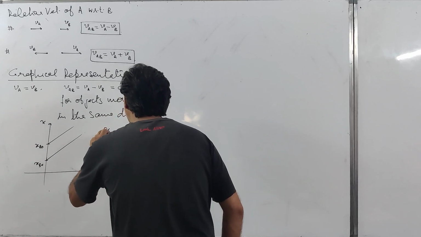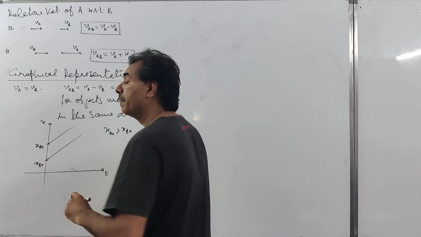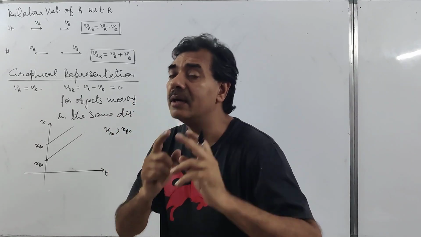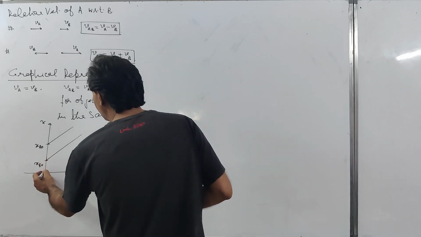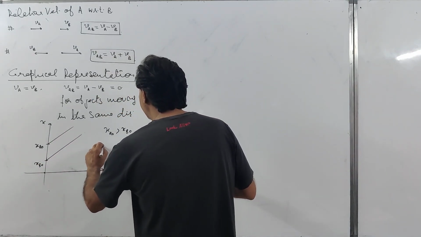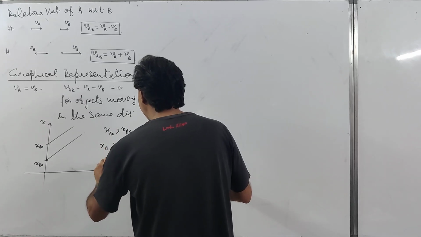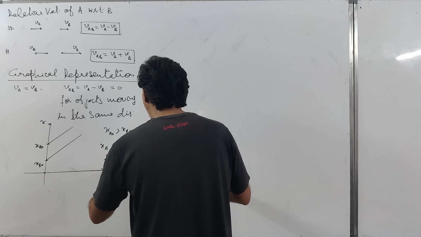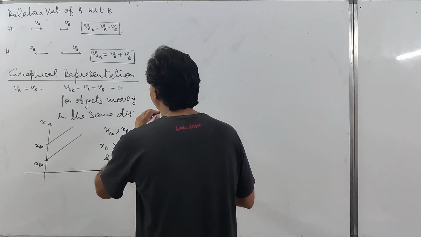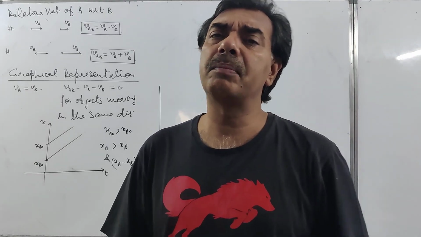As they start at the same time, this is t is equal to 0, and both have the same speed, then xa will always be greater than xb, and xa minus xb will always be greater than 0. Very, very interesting. Look at the way I am interpreting this.